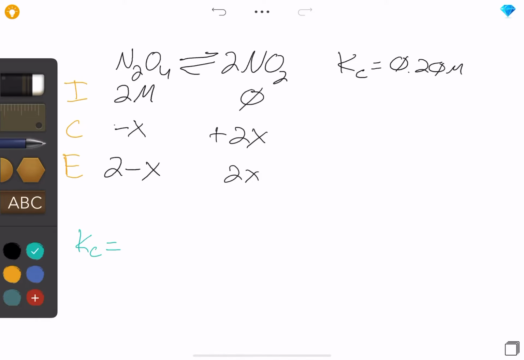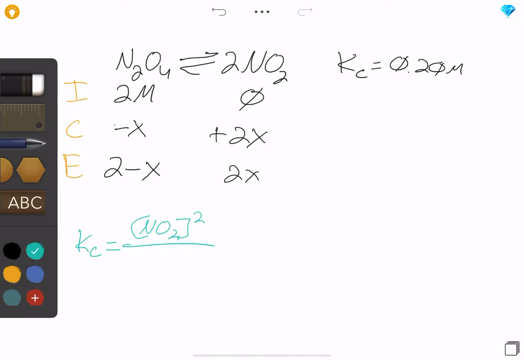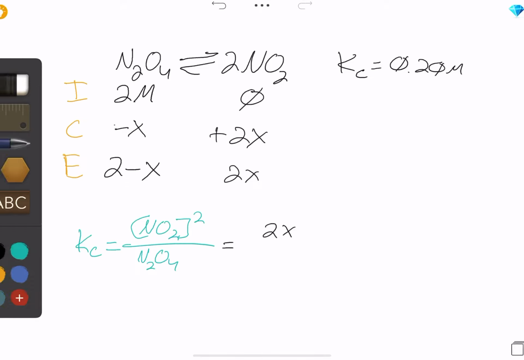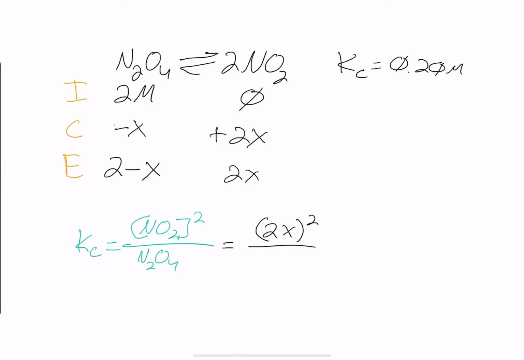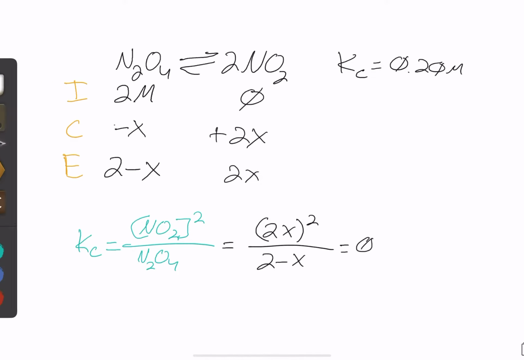Kc is going to be equal to the concentration of NO2 squared over N2O4, which is going to be equal to 2x squared over 2 minus x equals 0.2.